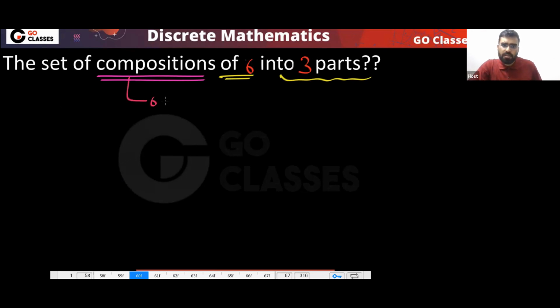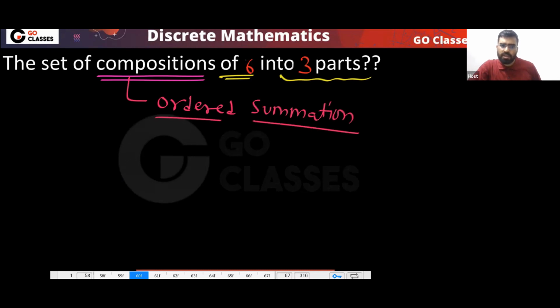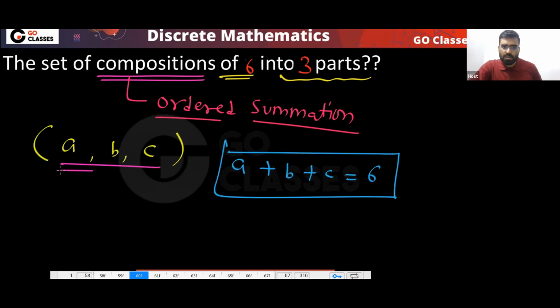Composition is ordered, this is your ordered summation. So what do you want? You want 3 parts such that a plus b plus c should be equal to 6. This is ordered.